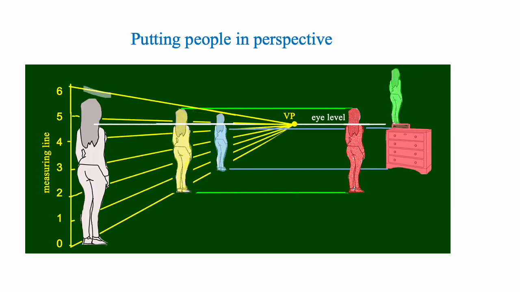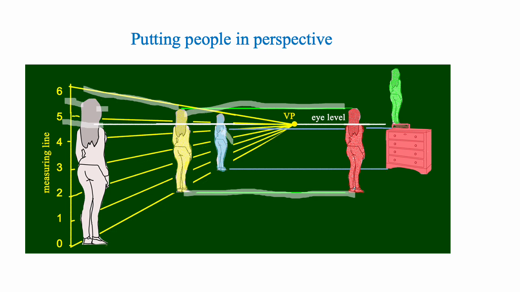These figures are the same size because they lie within the same converging lines, so they're about 5.5 feet tall, and their eyes are a little higher than eye level, indicating that they're taller than the viewer. Now, this pink person will be the same size as the yellow one because the heads and the feet line up.